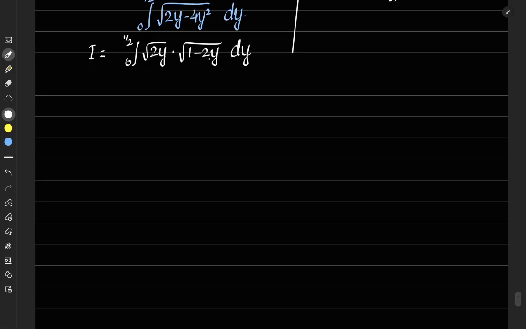Notice that we have something like 1 minus something here. So again we can write this as (2y) to the power half into (1 minus 2y) to the power half dy. Notice that we have 1 minus a function of y, and the other factor is also a function of y.